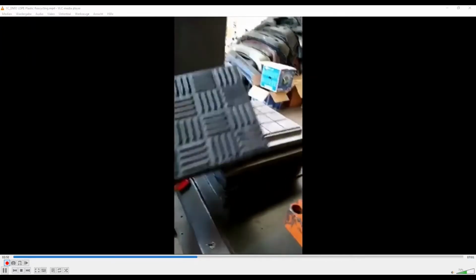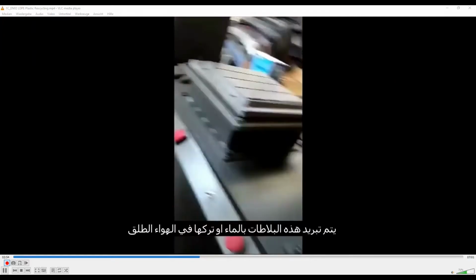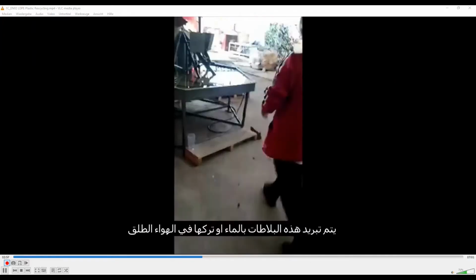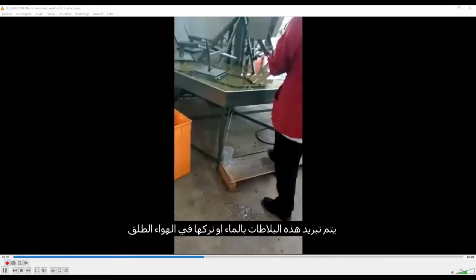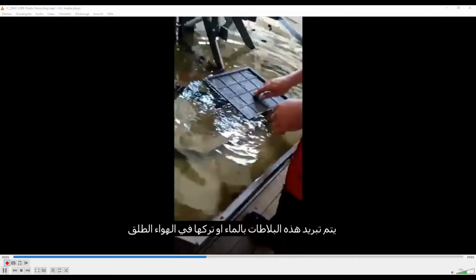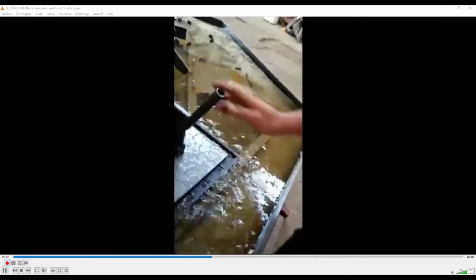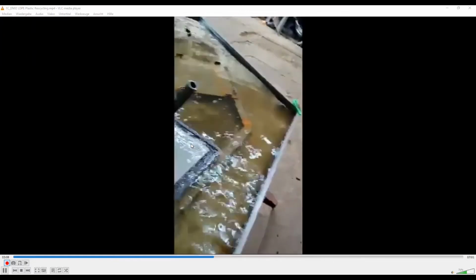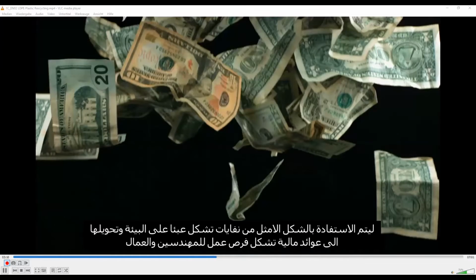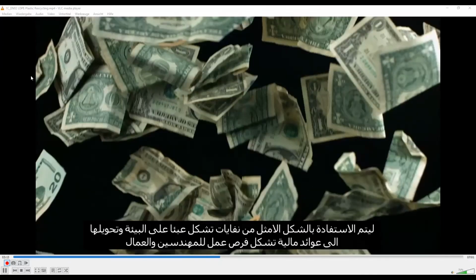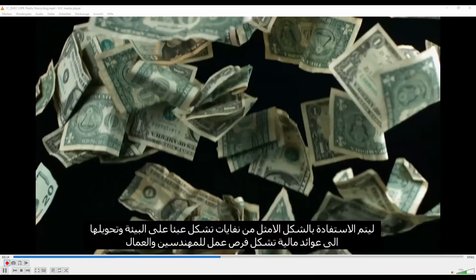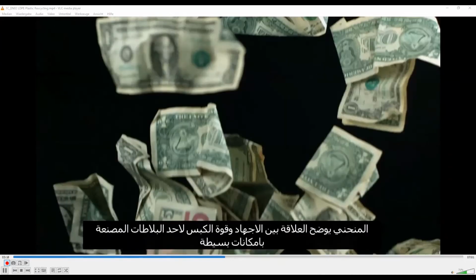Then after that, you can see that the tile is ready, and we converted an amount of plastic waste to something useful that can be used as road tiles or something like that. That comes with money you can invest in this project.